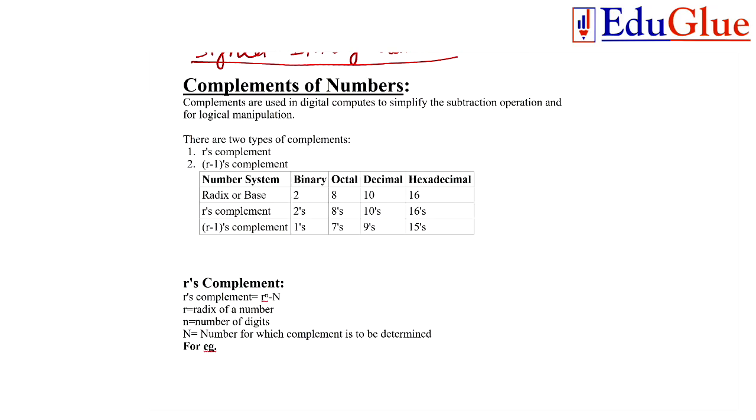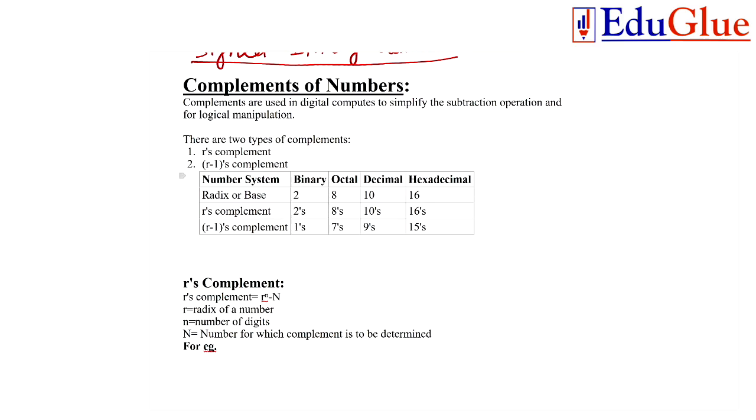Why are we studying complements? Complements are being studied just to perform subtraction operations via a computer. So there are two types of complements. One is R's complement, another is R minus 1's complement. What is R over here? R is the radix of the number. Radix or base of the number.